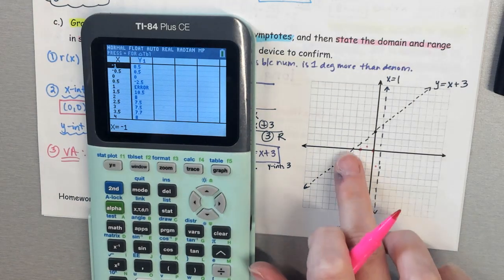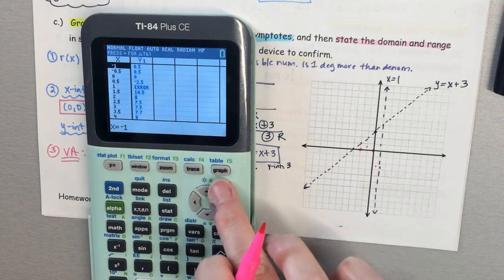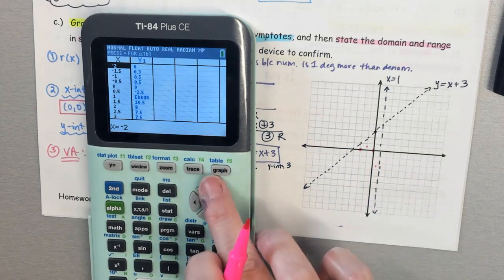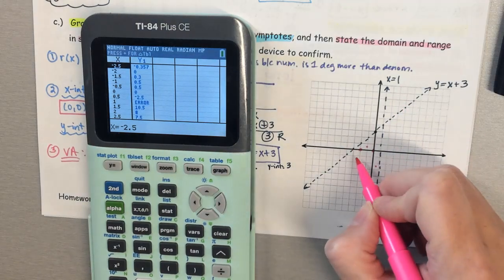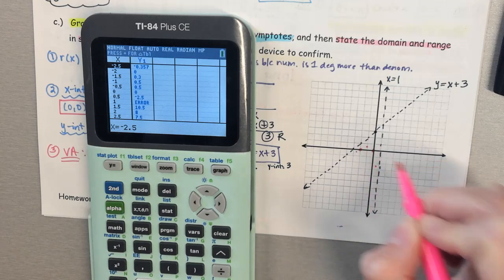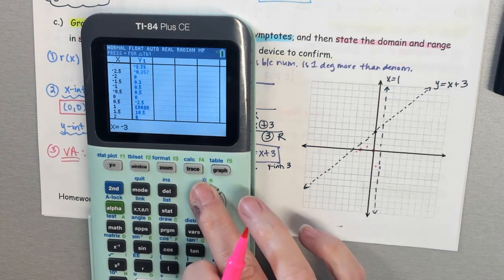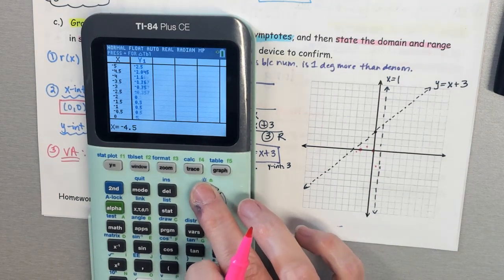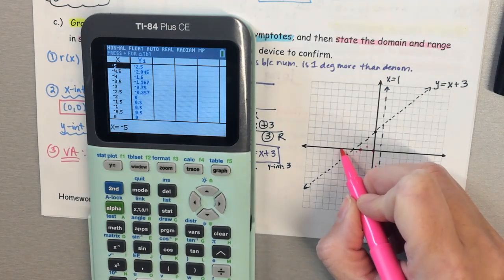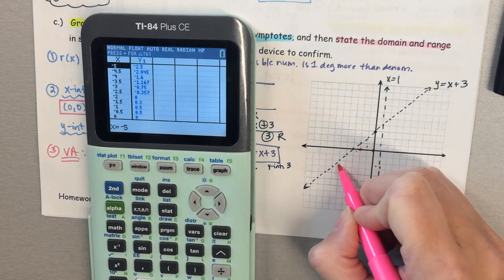And then this one here, that's going to be helpful as well. So at negative 2, you're at 0, but at negative 2.5, you're just underneath that. One, 2, 3, 4, 5, and I'm at 1, 2.5.